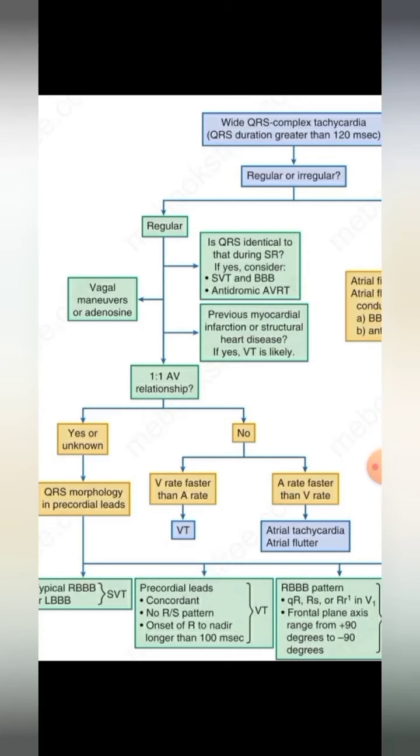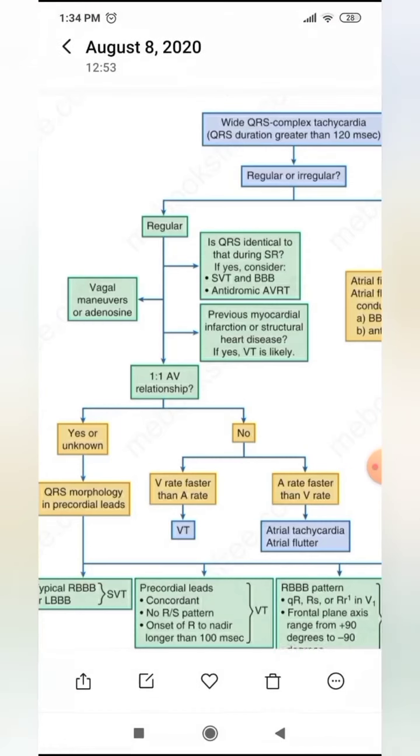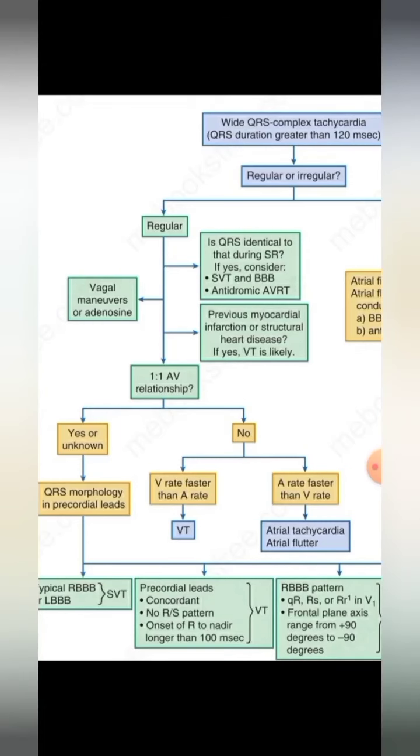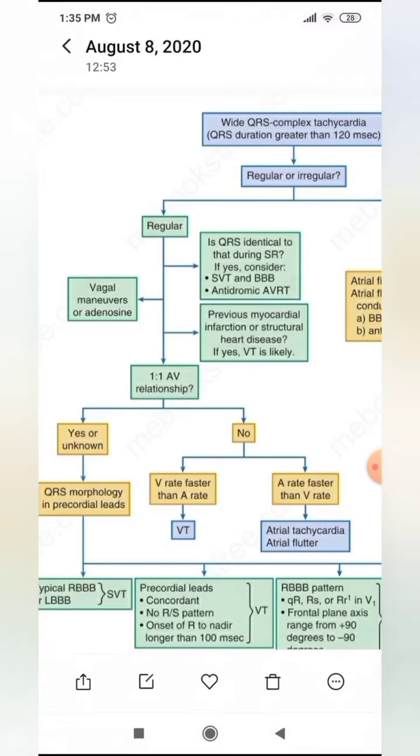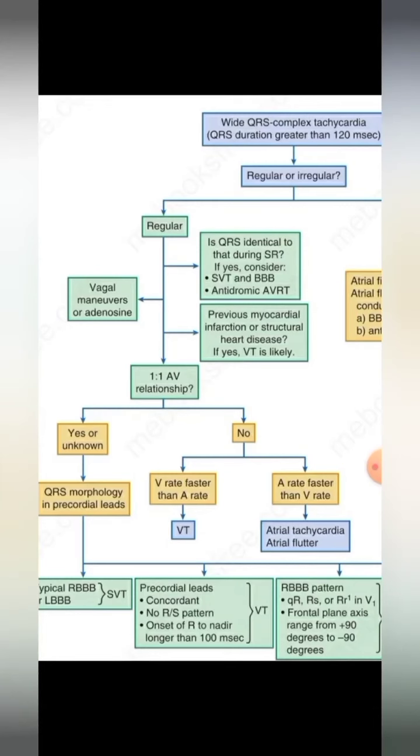So the next thing is we'll look at whether the atrial rate is faster than the ventricular rate or not. If it's faster, then most likely it's atrial tachycardia or atrial flutter with some other reason for the wide QRS complex, again due to some bundle branch block or pre-excitation or anything like that.